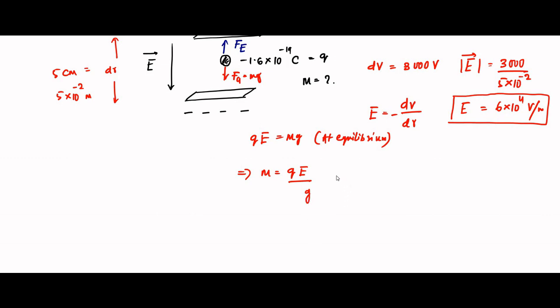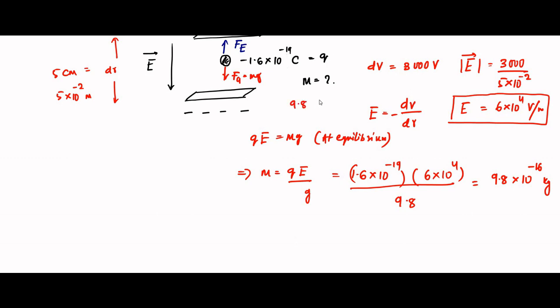That is equal to 1.6 into 10 to the power minus 19 coulomb, considering only the magnitude, E is equal to 6 into 10 to the power 4 volt per meter, by 9.8. It is coming around 9.8 into 10 to the power minus 16 kg. Okay, so this is the mass of the particle, 9.8 into 10 to the power minus 16 kg.